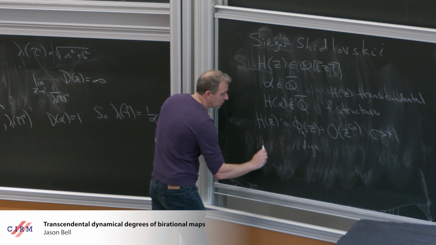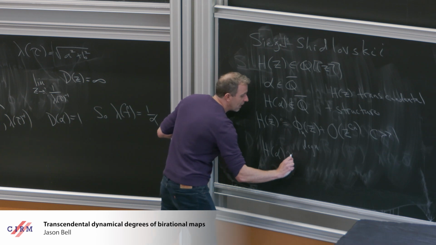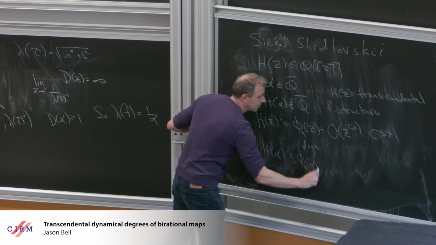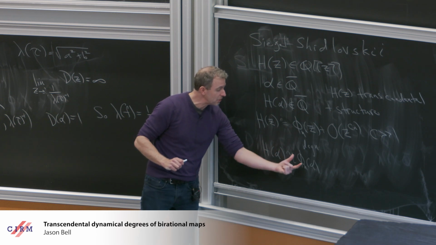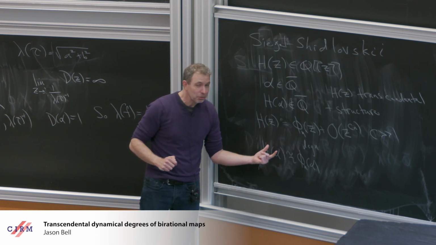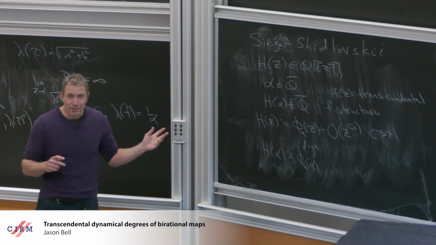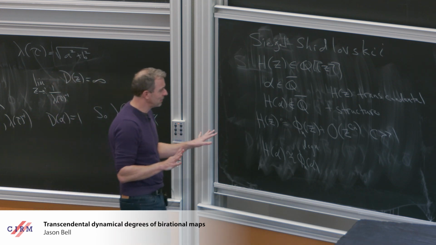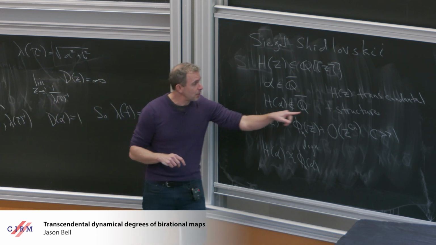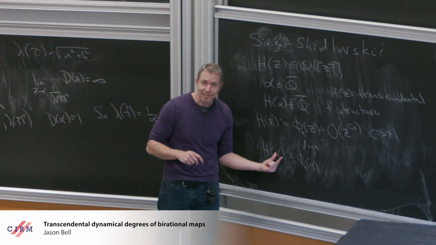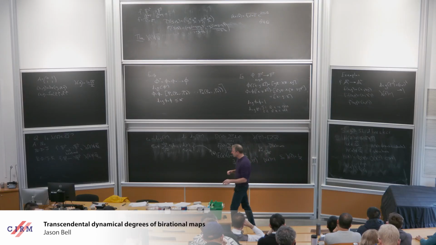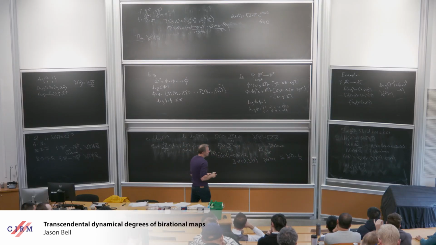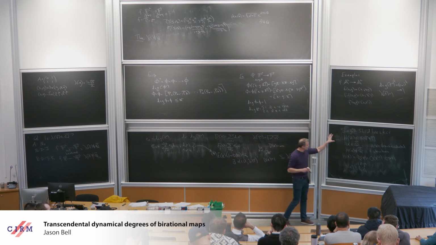And then what we hope is that h of alpha should be very close to this. And if you get an approximation that's close enough, then you expect it to be transcendental, right? That's the philosophy. Of course, what could happen is we could have a bad point where this is actually exact, in which case, okay, then it's a bad point. But that's the general philosophy.